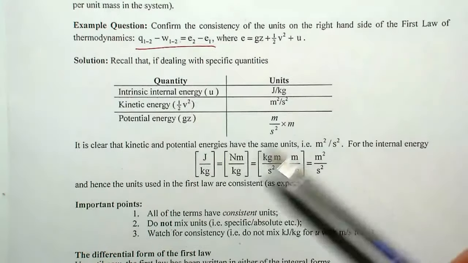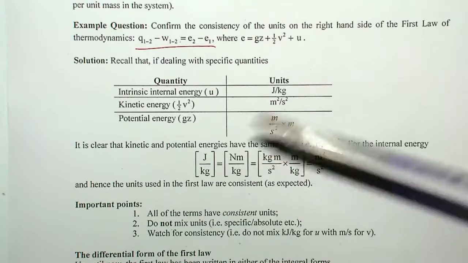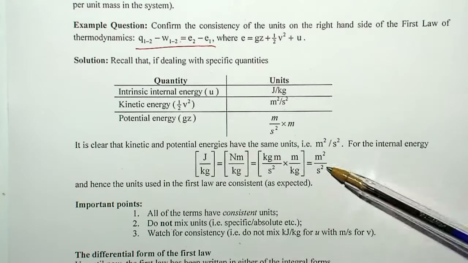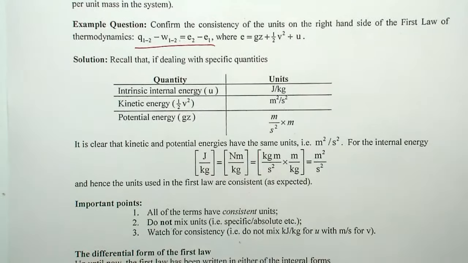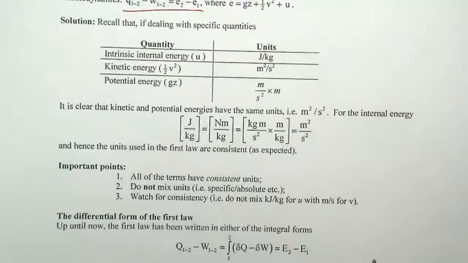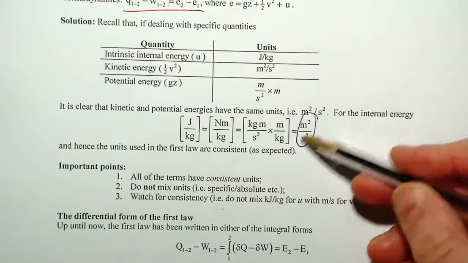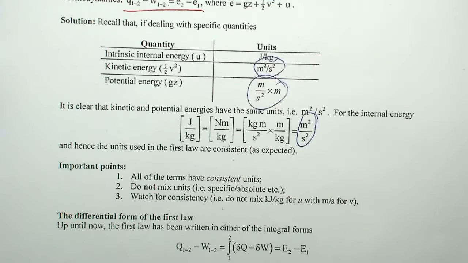In fact, newton isn't a base SI unit either. Therefore, newton will be changed to kilogram meter per second squared. And when you do that, the left-hand side will be equal to meter squared per second squared. The reason I've gone very fast through this is because we did one example just 2 weeks ago on this specific one, and therefore you should all know this. But this just shows that the left-hand side has the units of meter squared per second squared, and the right-hand side has the same meter squared per second squared. Therefore, we are consistent.